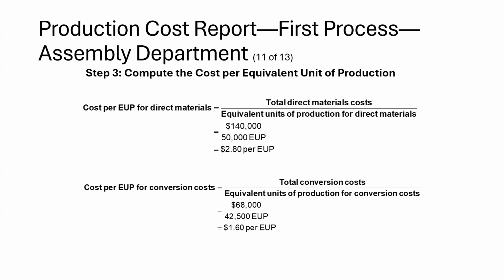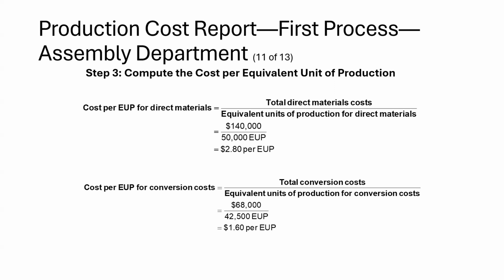In step 2, we computed equivalent units of production for direct materials as 50,000 EUP and the conversion costs as 42,500 EUP. Because the equivalent units of production differ, we must compute a separate cost per equivalent unit of production for direct materials and for the conversion costs.